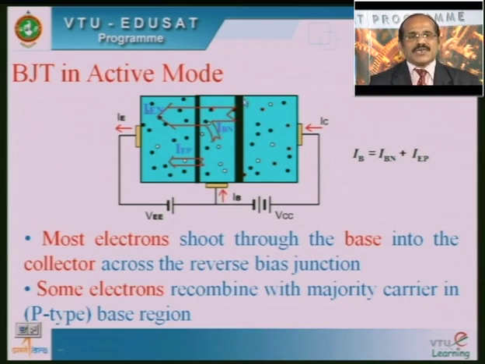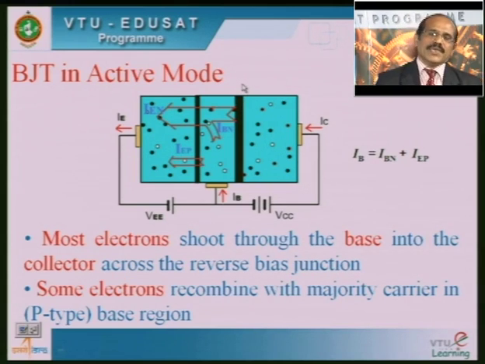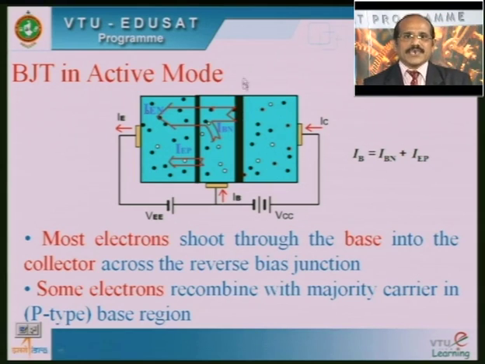And as you know, since this output junction is reverse biased, there will be a depletion region across the output junction, and due to that there will be a potential barrier. But when these electrons move from the N to P region, or the emitter to base region, they act like minority charge carriers, and whatever potential barrier exists across the collector junction will be favorable to them.